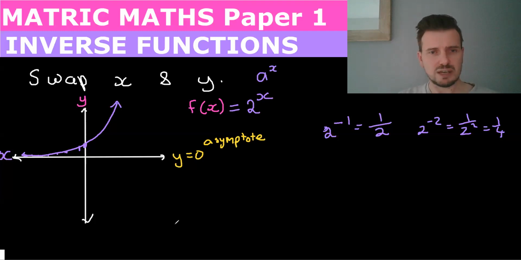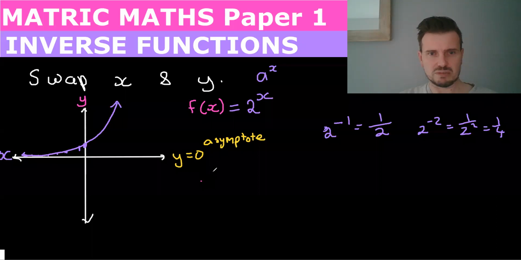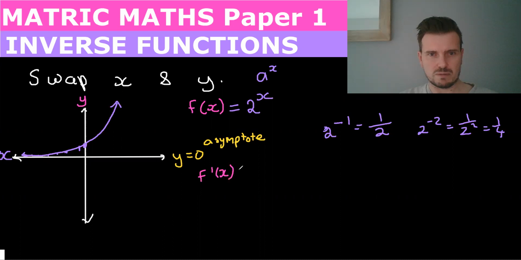So now let's do our inverse. So the first step in finding the inverse of a graph, so what is f to the -1 of x, is we swap x and y. So rather than write f of x, we just write y, and then we swap them.